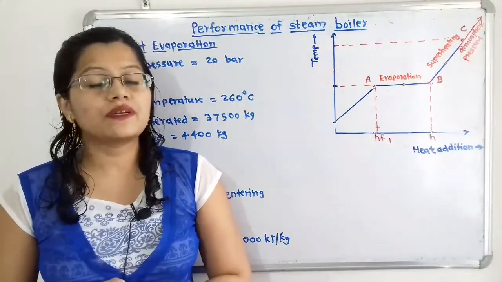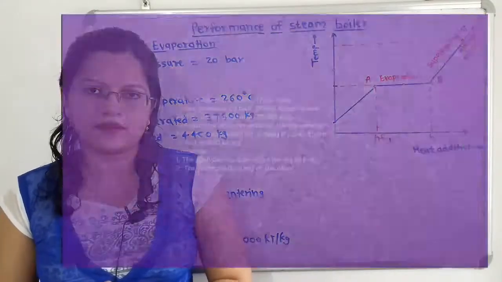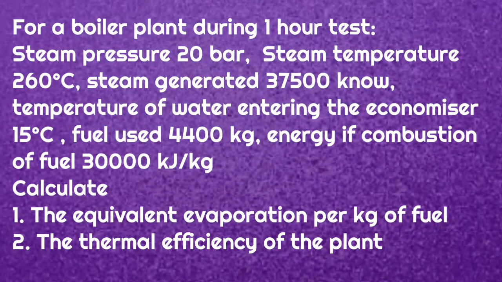Now we will solve one problem with the help of steam table. I will read what is the given question. The following observations were made on a boiler plant during 1 hour test.